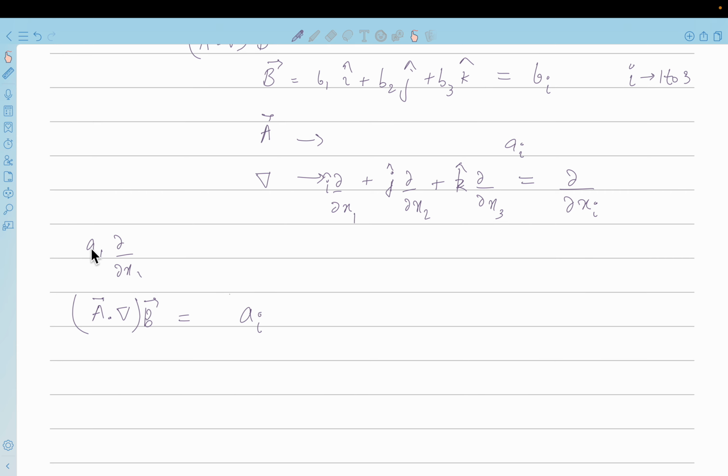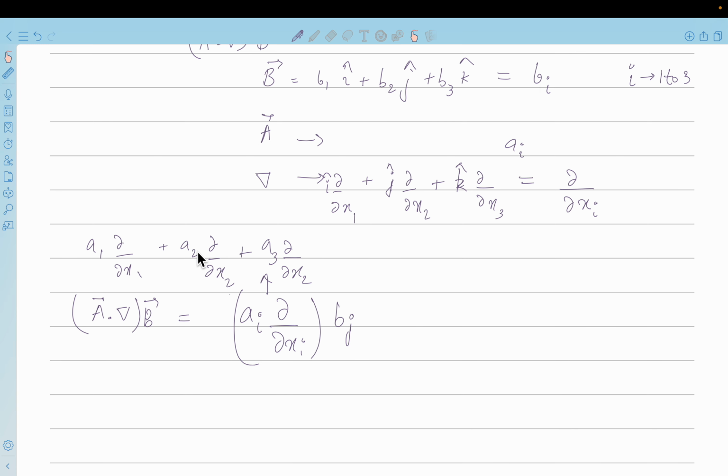Okay, so there will be terms like A1 ∂/∂x1 plus A2 ∂/∂x2 plus A3 ∂/∂x3, right? So here I'll write Ai ∂/∂xi, that's it. So when there are two indices repeating, it is understood that there is an addition. So in this case, it is understood that Ai ∂/∂xi actually represents this particular expression. Okay, and then the B vector you can write as Bj.